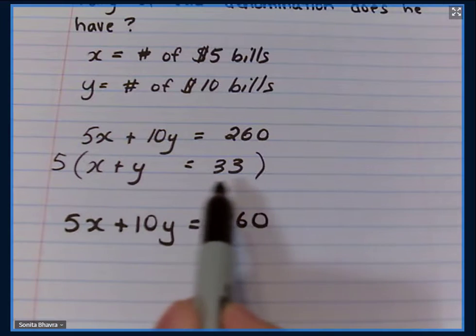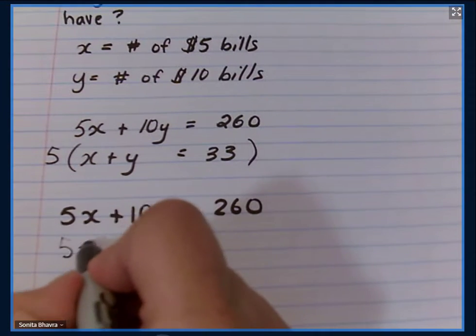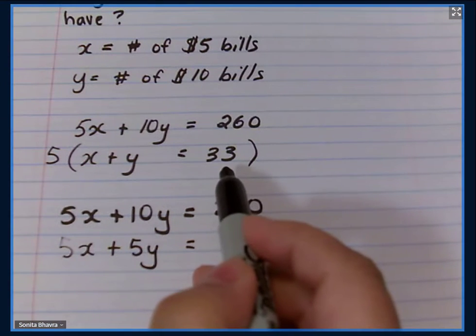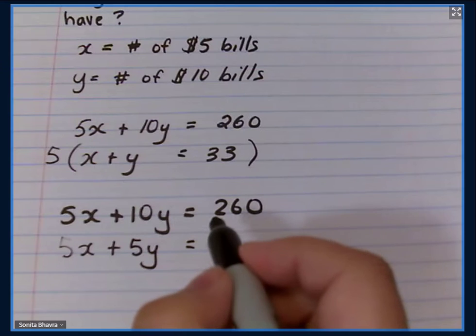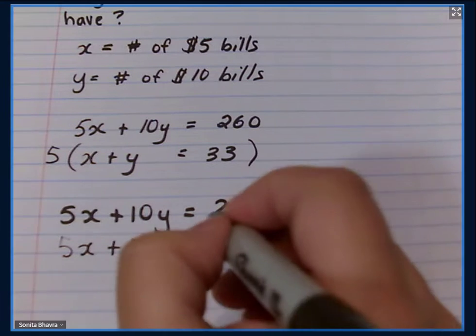And my second equation, I'm going to multiply everything by 5. So that becomes 5x plus 5y equals 33 times 5, which is 165.